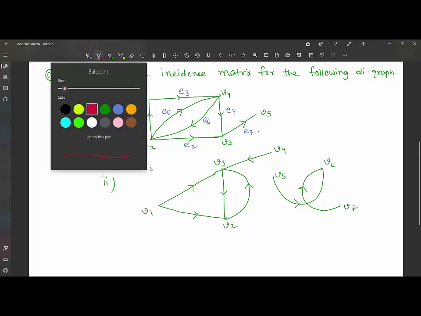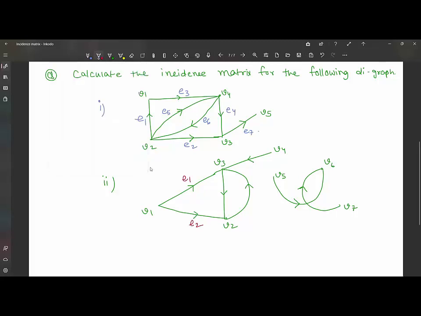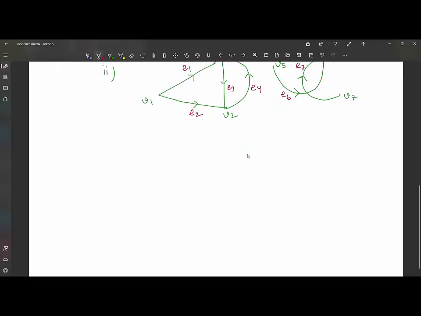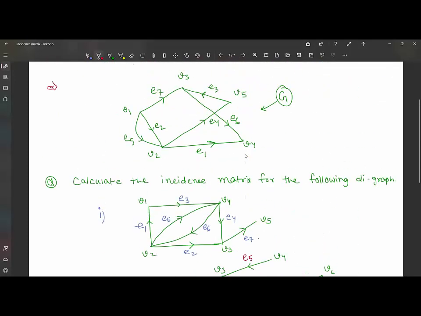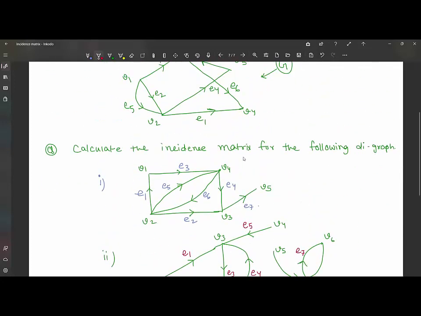Here this is E1, E2, E3, E4, E5, E6, and E7. These are the edges, and these are the vertices. I think I have already marked every vertex and edge. If there is any missing vertex or edge, just rectify that and add whatever is required. But I think there is no problem. Then calculate the incidence matrix from the graph.